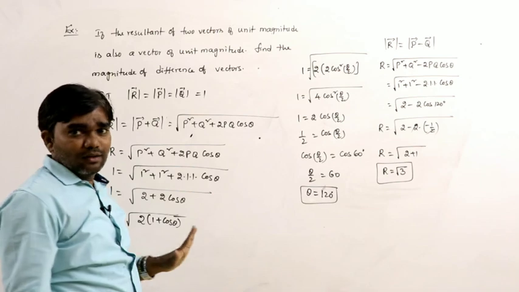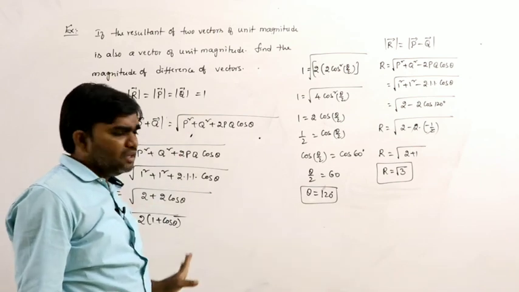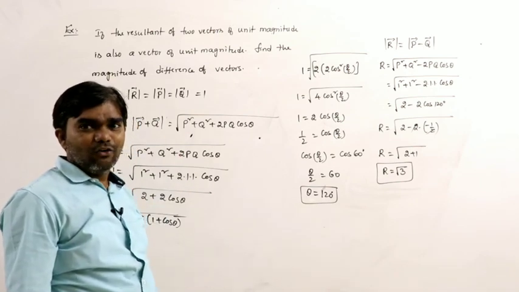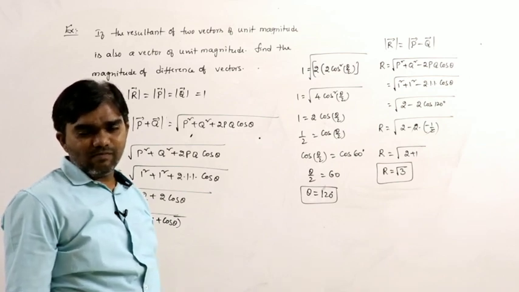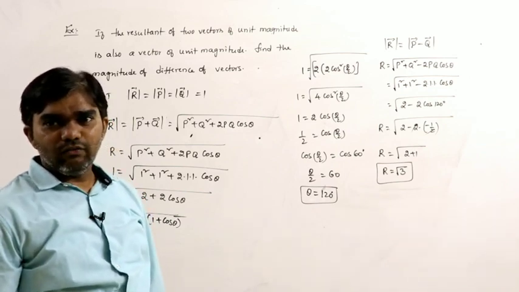Is there a simple way, without doing anything, to write that value directly?